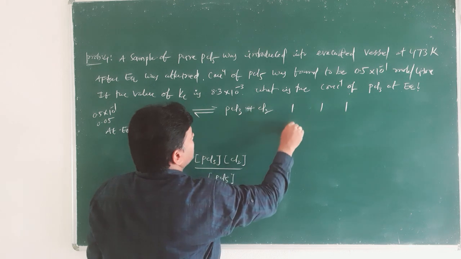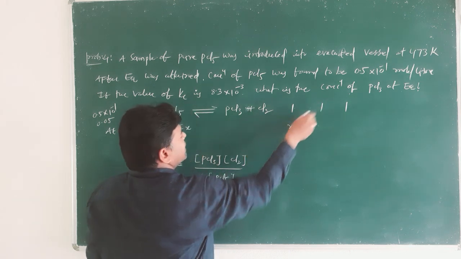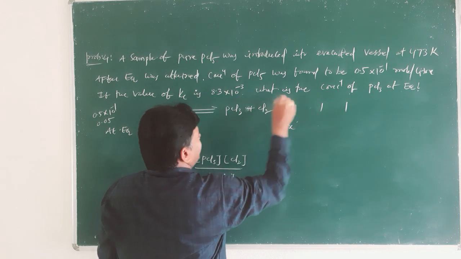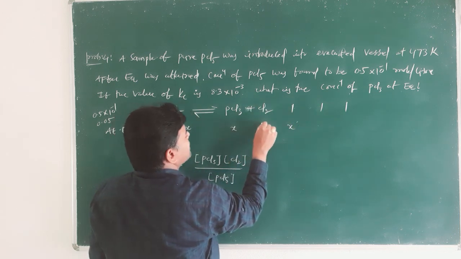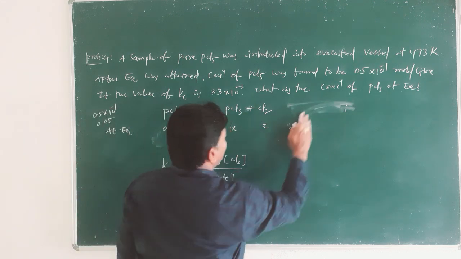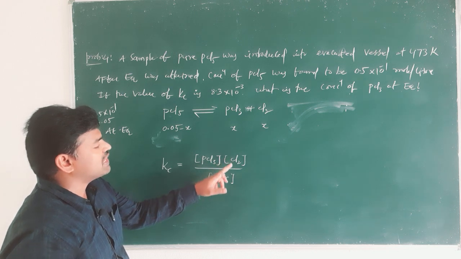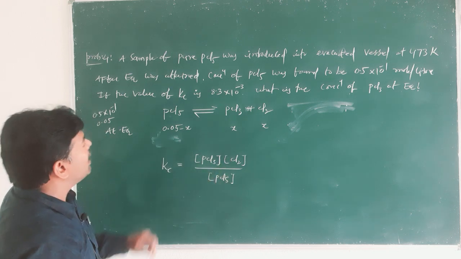For 1 mole dissociated, 1 mole of PCl3 forms, so for x moles it is x into 1 by 1, that is x moles, and Cl2 is also x moles.